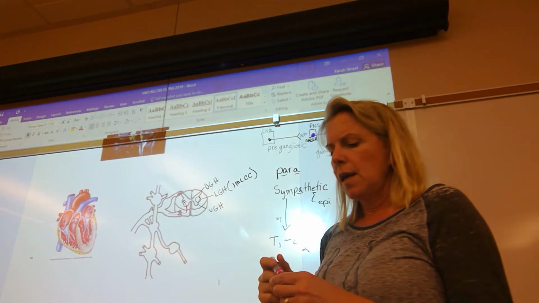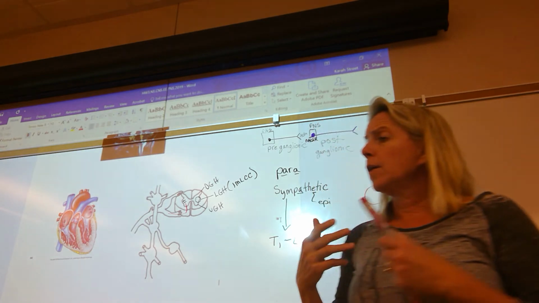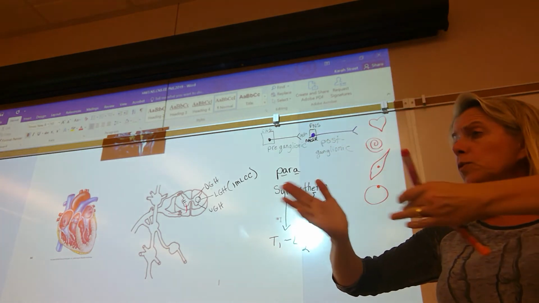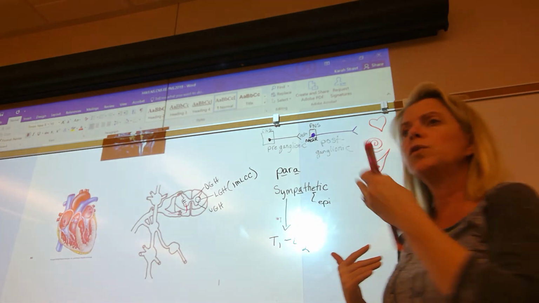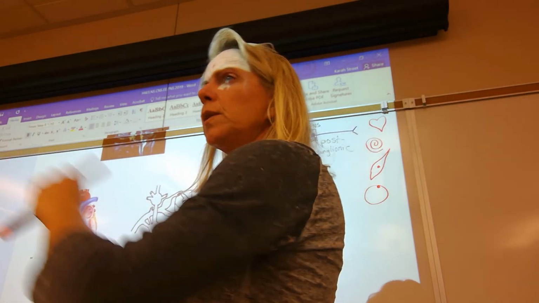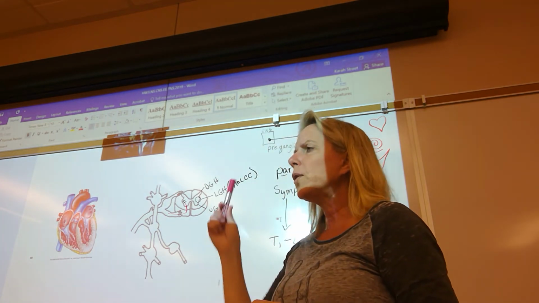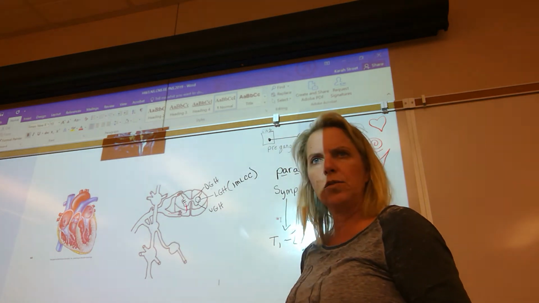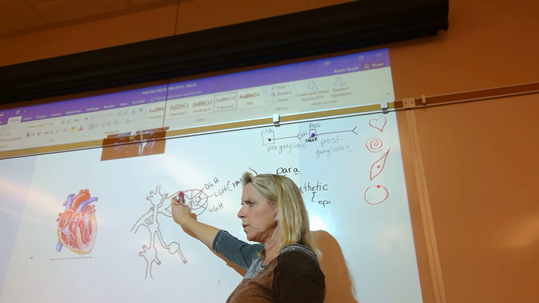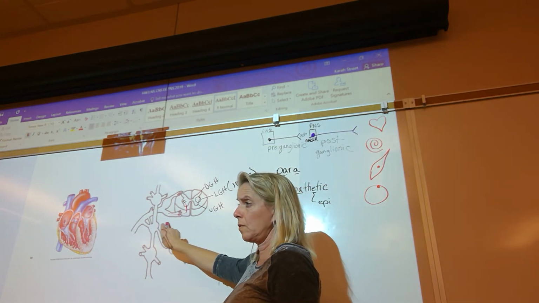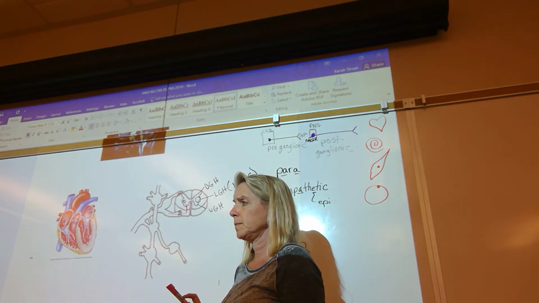Just like at a restaurant, there might be double swinging doors, and the wait staff know to use a certain door to enter the kitchen, and they know the other door is for exiting the kitchen. We enter through the dorsal root, we always exit through the ventral. Always.